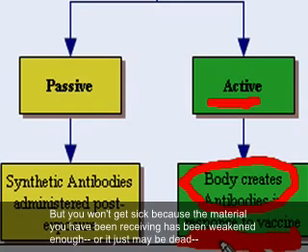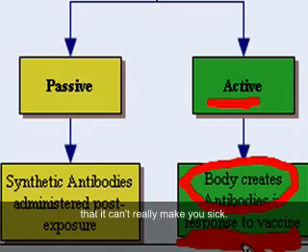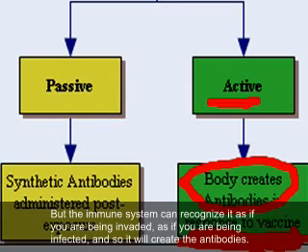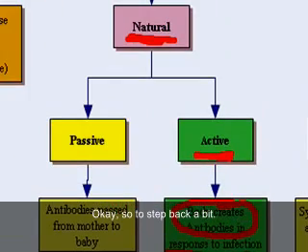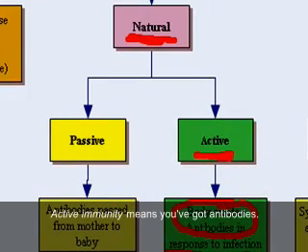material you're receiving has been weakened enough, or it may just be dead, that it can't really make you sick. But the immune system can recognize it as if you are being invaded, as if you are being infected, and so it will create the antibodies. Okay, so to step back a bit, active immunity means you've got antibodies.